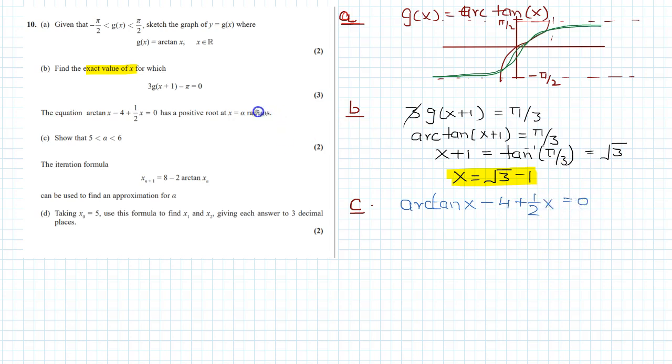Have a solution x is equal to alpha. Show that alpha lies between 5 and 6.